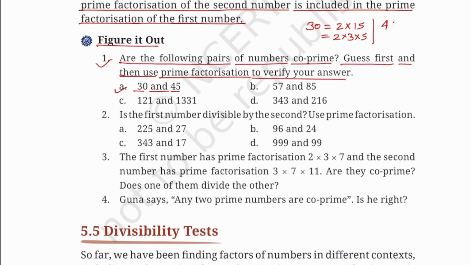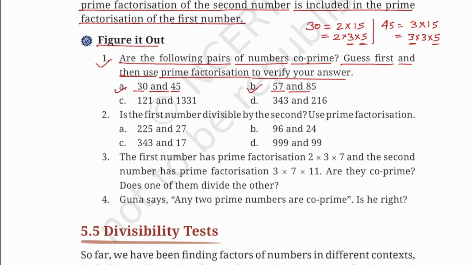Similarly, 45 is equal to 3 into 15 or 3 into 3 into 5. You can see 3 as a common factor as well as 5. So they are not co-primes. Since all the factors of one are not included in the factors of the other, they are not completely divisible.